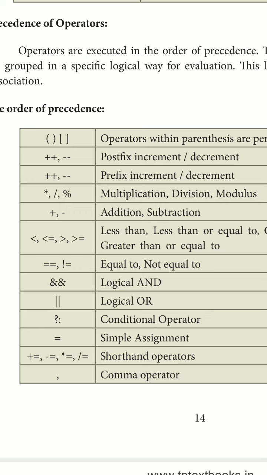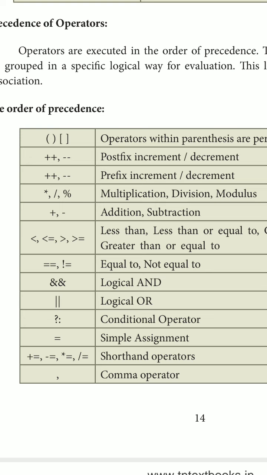In your book they have given a different order, but after execution of brackets, it will go for pre increment or decrement. After that only it will come to the post increment or decrement operator.